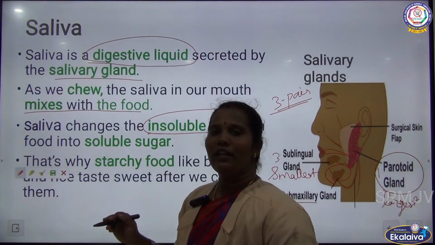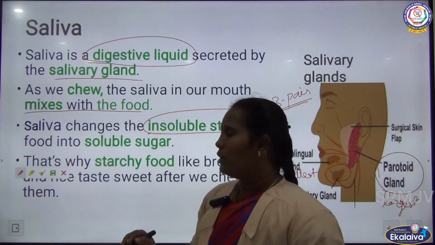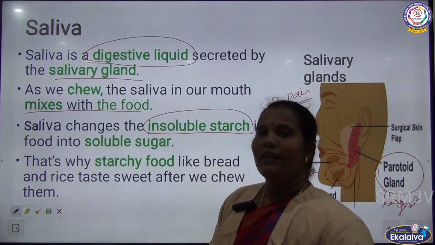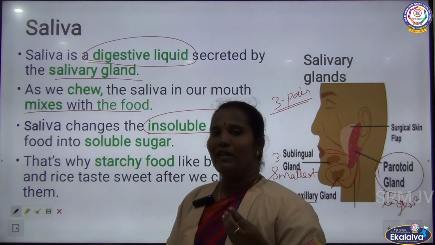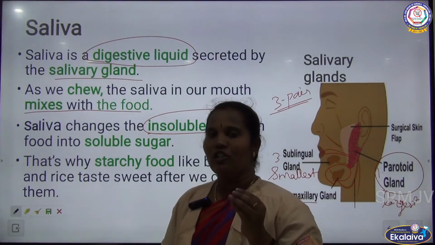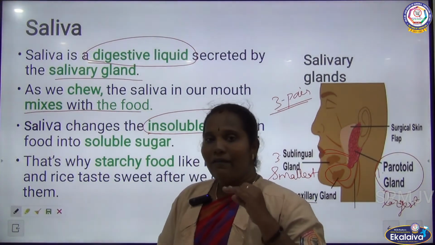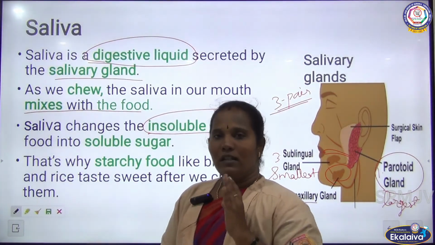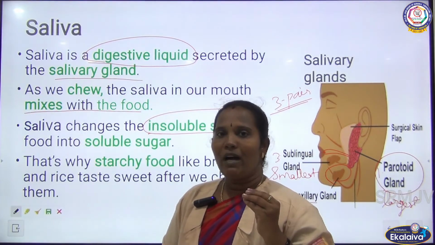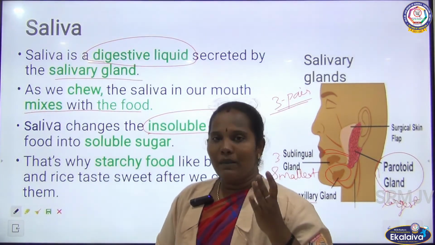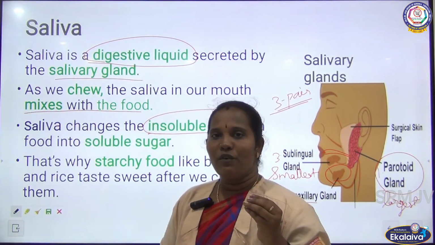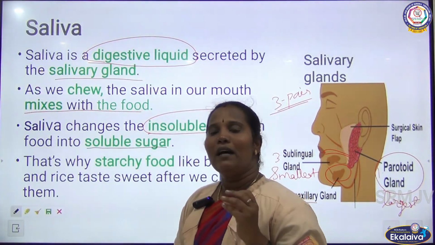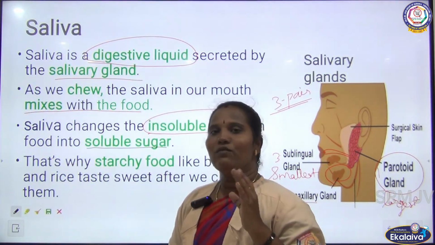That is why, if we eat starchy food like rice or bread, after chewing we can feel a sweet taste. The starch is acted on by the saliva and converted into soluble sugar. That's why after chewing we observe starchy food as sweet. Clear?